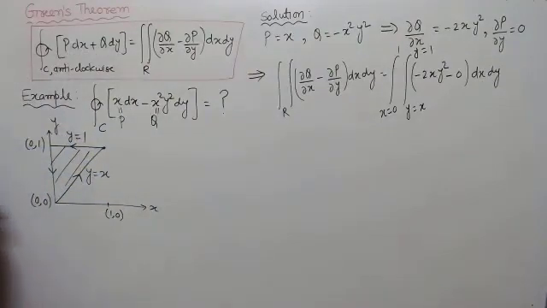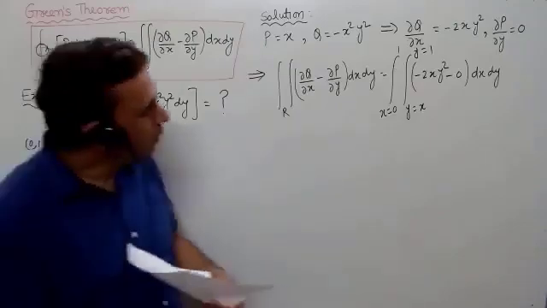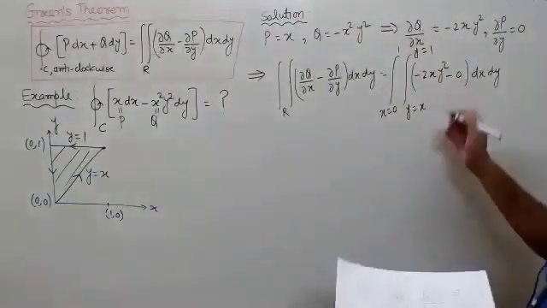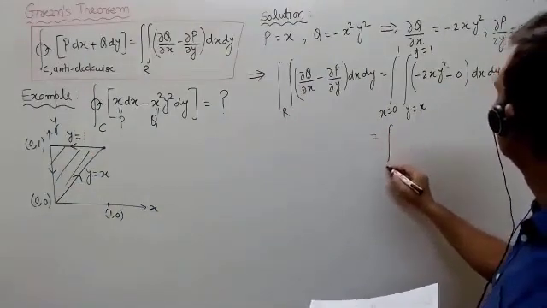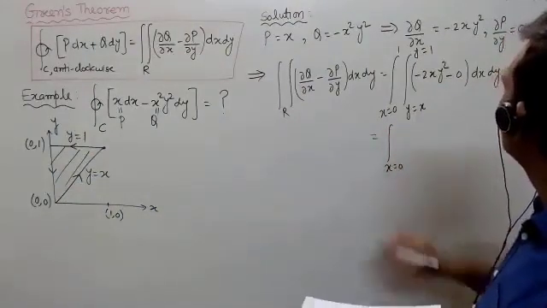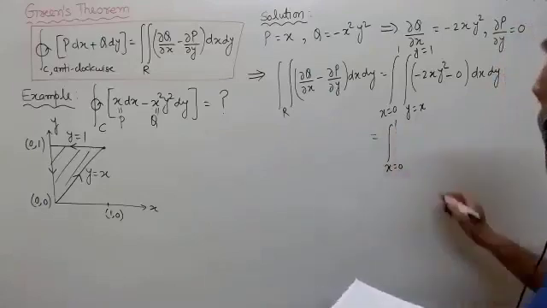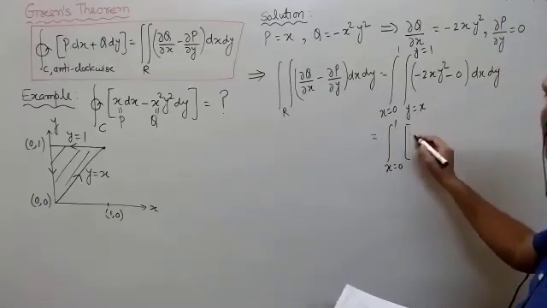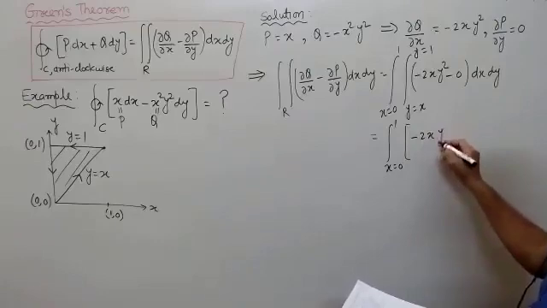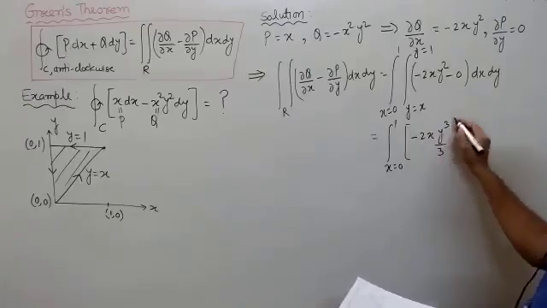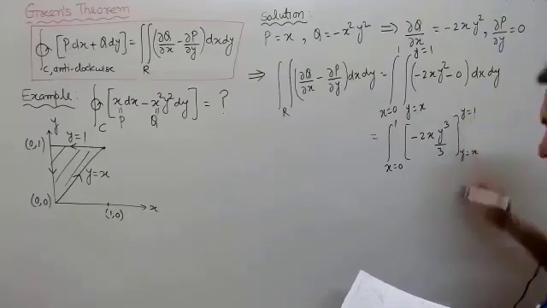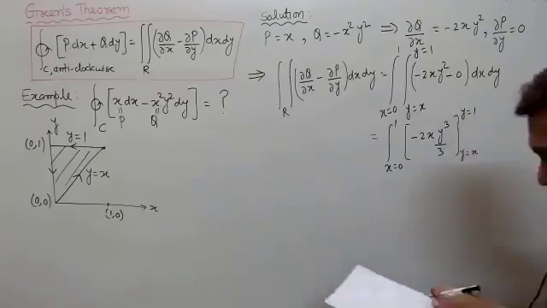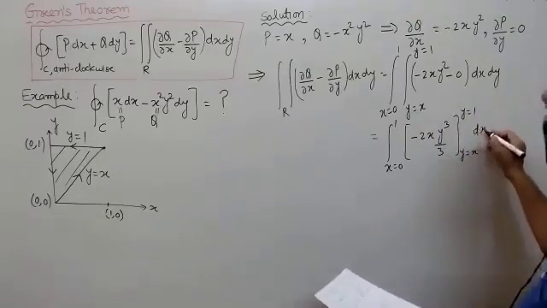How are the limits of y? So let us see, if you integrate with respect to y, so x 0 to 1, y will give you minus of twice x y cube by 3, y is equal to x to y is equal to 1 dx.